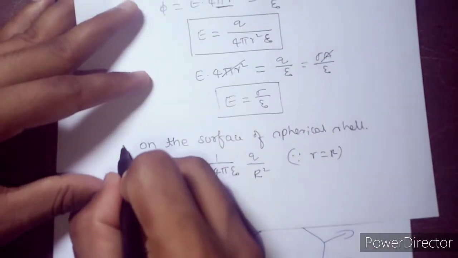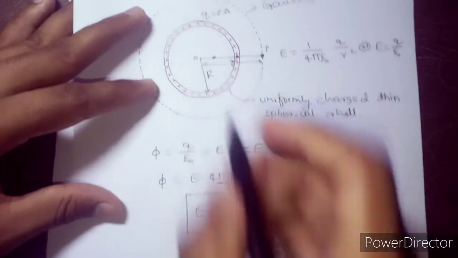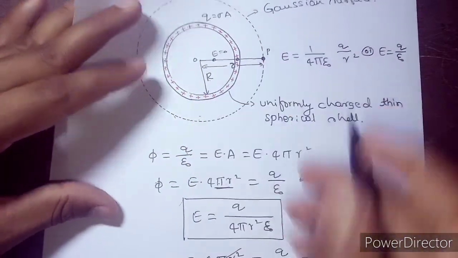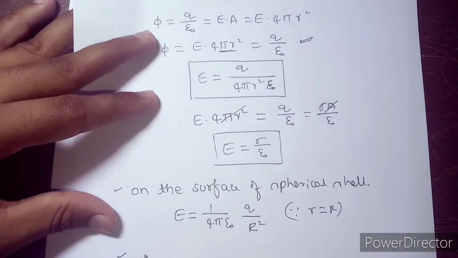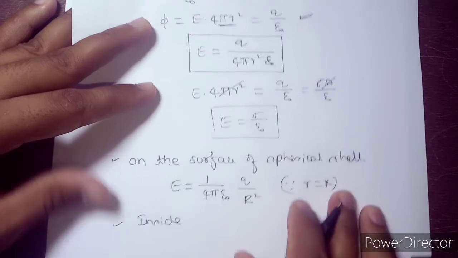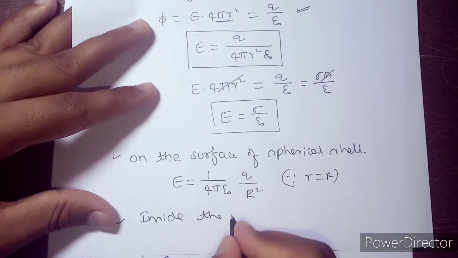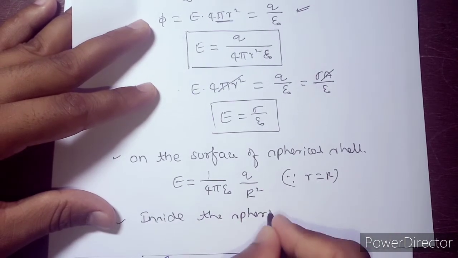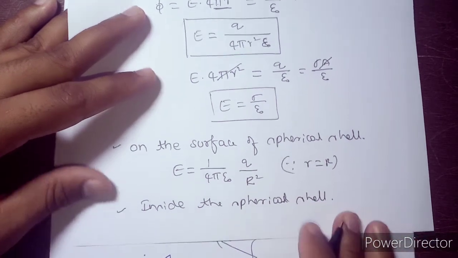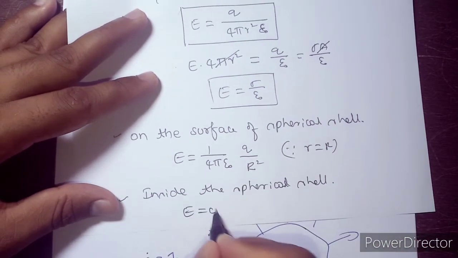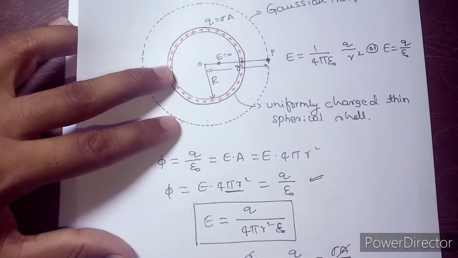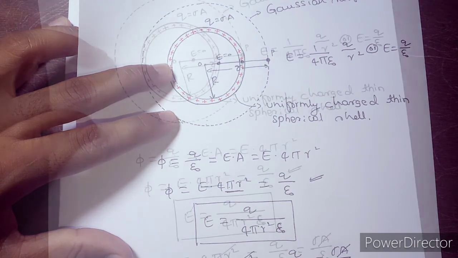Okay. Then last thing, if I consider the point inside the spherical shell, the electric field E will be 0, because the charge inside the spherical shell is 0.